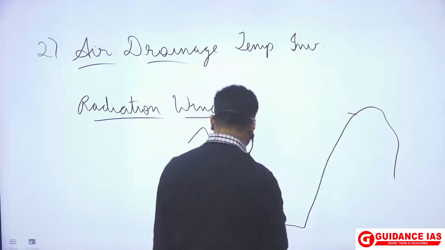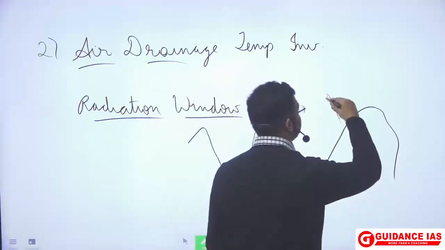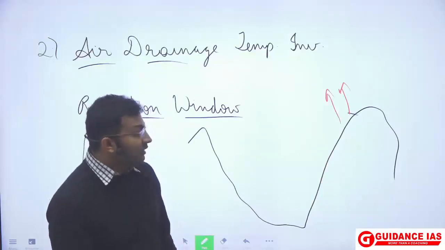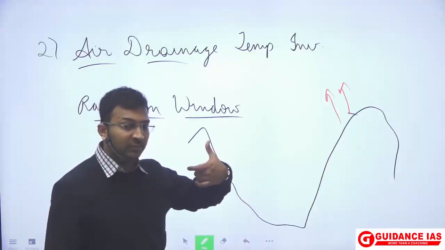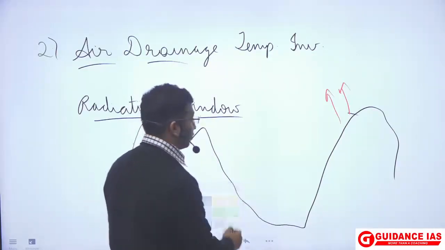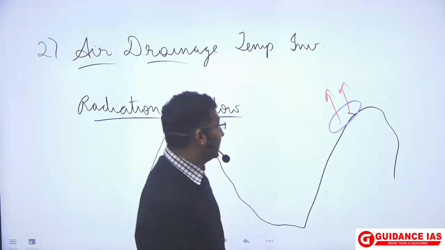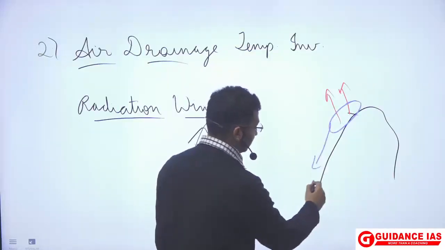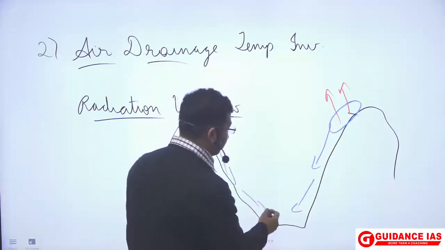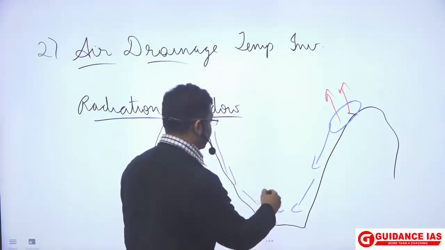Here, the outgoing radiation, due to the effect of radiation window, is quite fast due to sparse atmospheric layers. As a result, the air masses become cold, dense, heavy, and begin to move towards the valley bottom, which pushes the warm air present there.